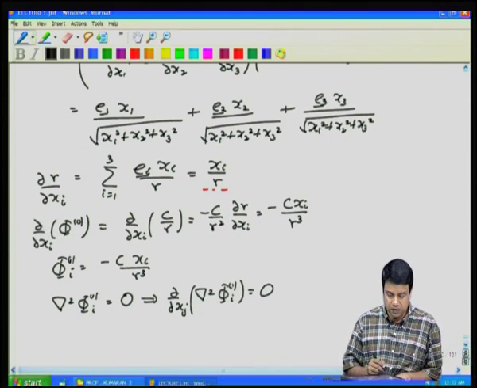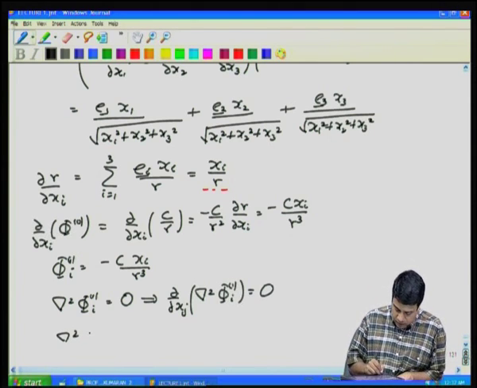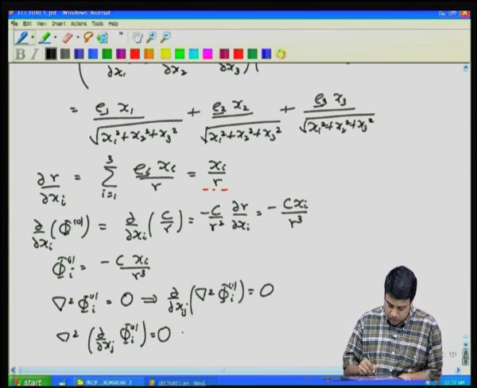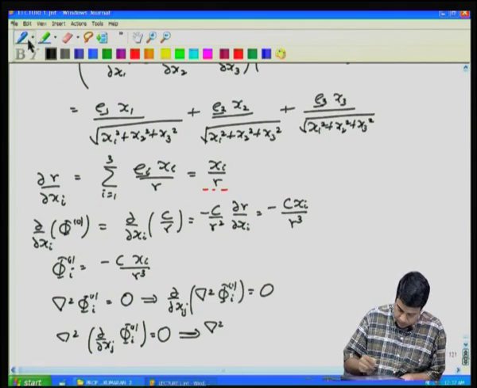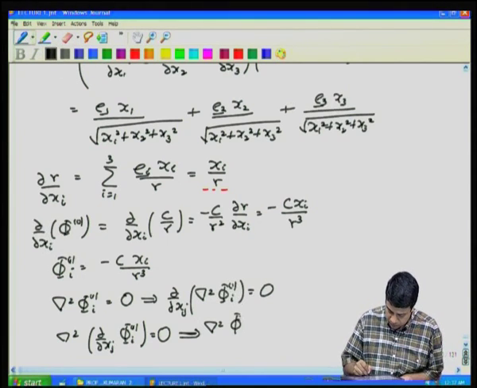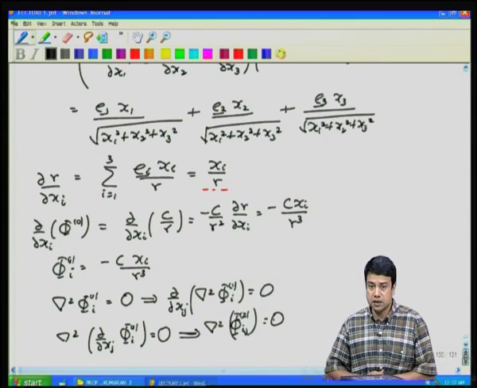Interchanging the order of differentiation once again, del square of partial by partial x_j of phi 1 i is equal to 0, which means that del square of phi 2 i j is equal to 0, where phi 2 i j is now a tensor solution of the Laplace equation.